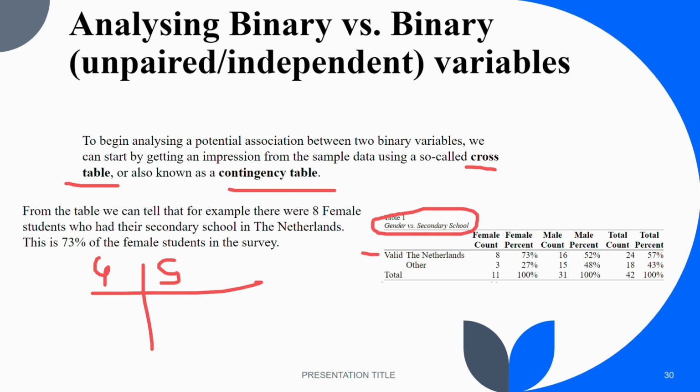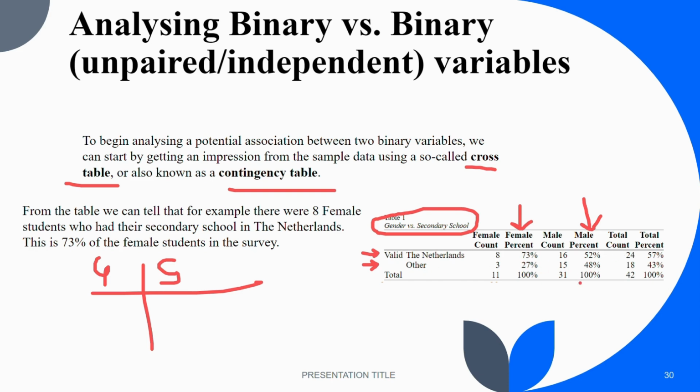So there is the first option Netherlands, the second option other for the school location, and how many females and how many males are there at each location. So 73% of the females prefer Netherlands, 52% of the males prefer Netherlands, whereas 27% of the females prefer other, and 48% of the males prefer other.